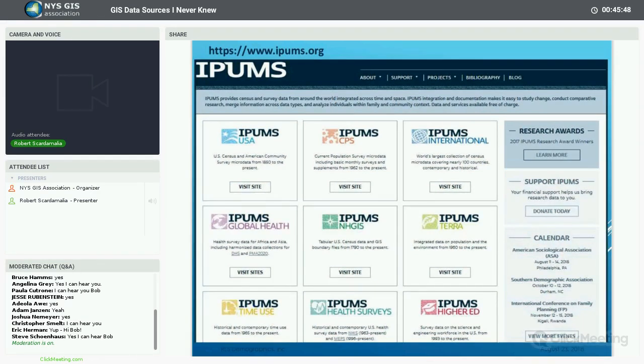IPUMS rolls off my tongue easier. It comes out of the University of Minnesota, and it contains microdata, individual information from the Census and American Community Survey, Current Population Survey, which is our source of monthly employment information. They gather international microdata, health data, environmental data, time use data, a whole variety of sources of information that are granular in terms of the individual or the process that's involved.